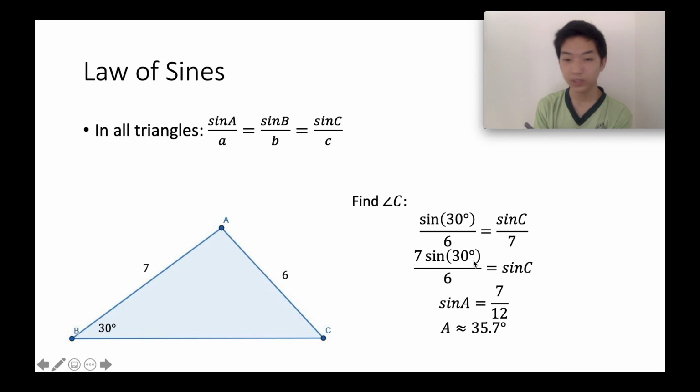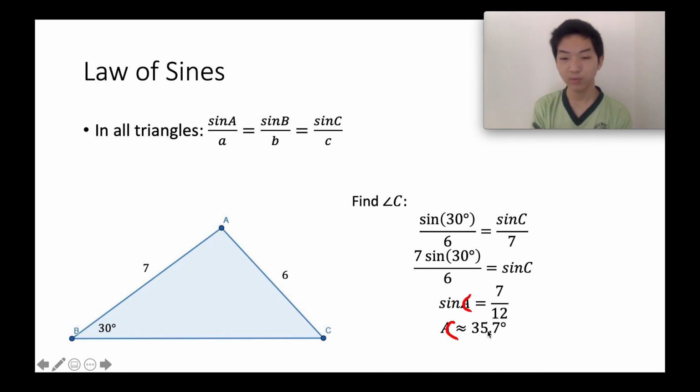Sine 30 degrees is equal to 1/2. Then we get sine C equals 7/12. And angle C is roughly equal to 35.7 degrees.